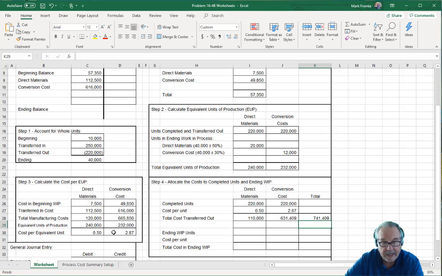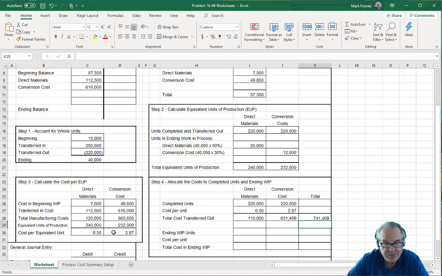I also had 631,409 for the conversion cost that went with the 220,000 units that got finished. So there's my number to transfer from this T account for the cutting department into the next department, which happens to be the assembly department.